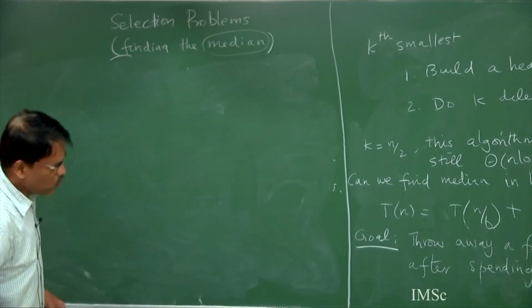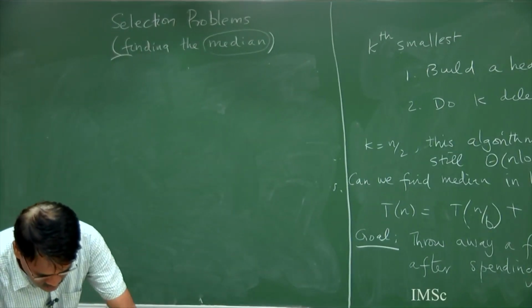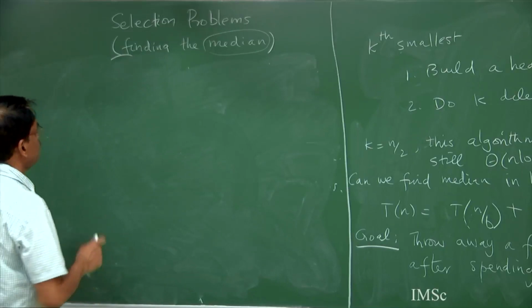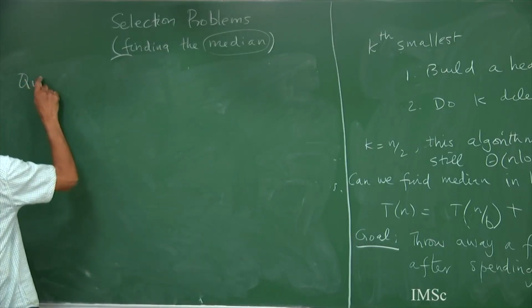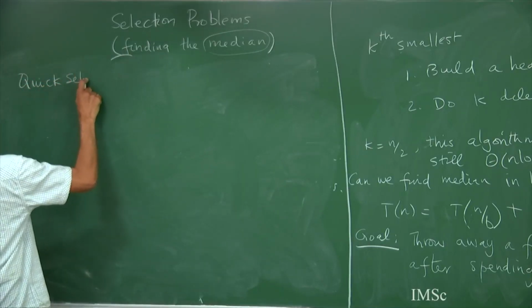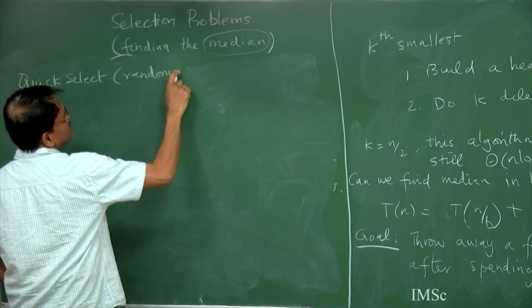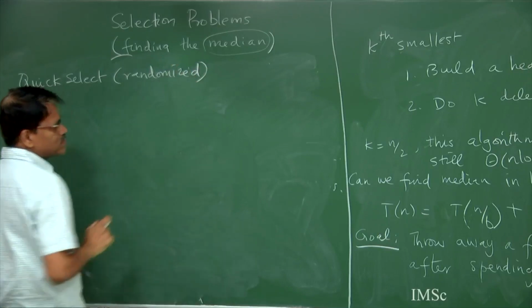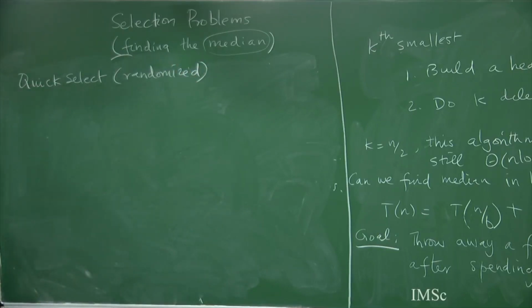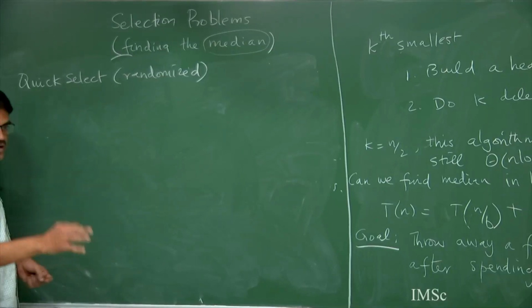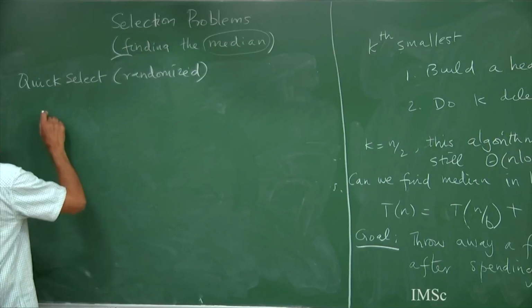Let us call it quick select. It is a randomized algorithm. We won't do an analysis, but we will get some idea from this. So, what do you want to do in the first step? Pick a random element and find its rank.